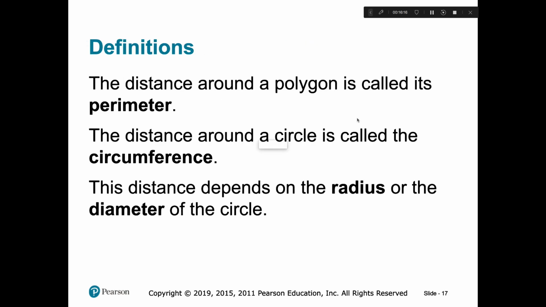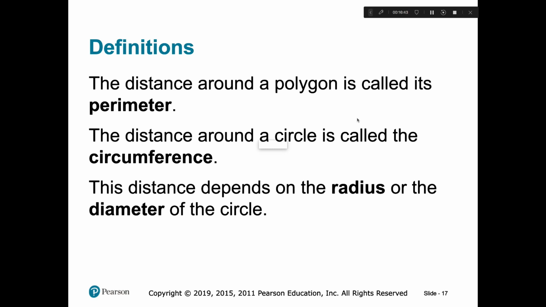Finally, we're going to talk about the circumference of a circle. On the front of your page, under the vocabulary section, it talks about this vocabulary. The distance around a polygon is its perimeter. Remember, a polygon is just a shape. But in a circle, the distance around the circle is still the perimeter; we just give it a special name, the circumference.